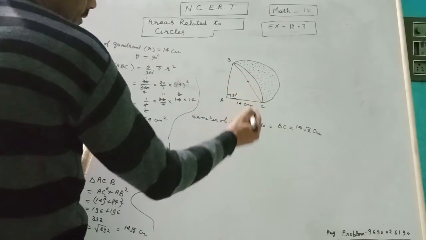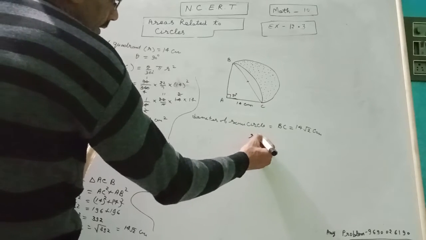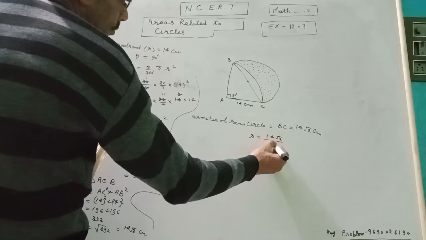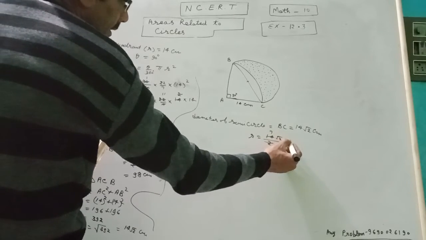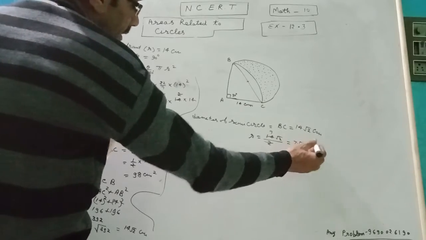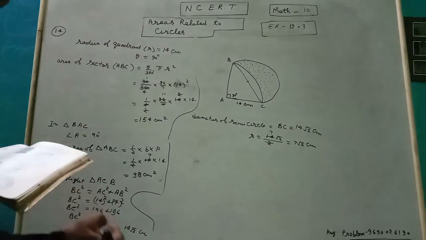Then radius R is equal to 14 under root 2 upon 2, which is 7 under root 2 cm, the radius of the semicircle.